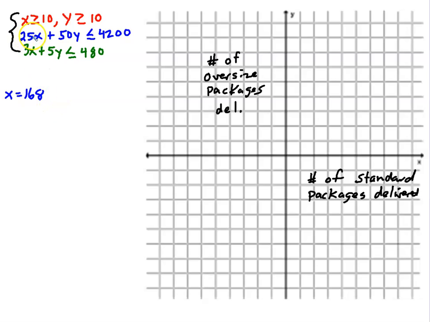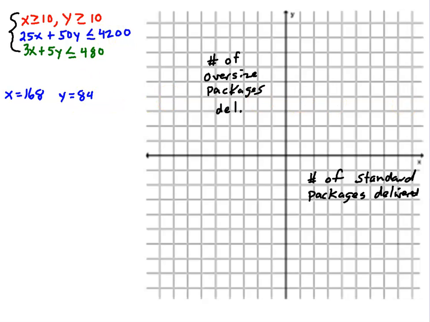So the blue will have an x-intercept of 168 and a y-intercept. So to get the y-intercept, just divide 4,200 by 50, and that's going to be 84. So all I'm doing here is just identifying what the x and y intercepts are, so I can get a feel for what the units need to be on each of the axes. All right, so that takes care of the blue.